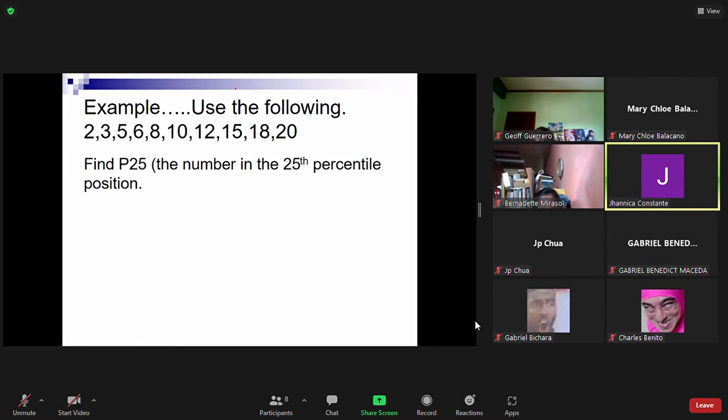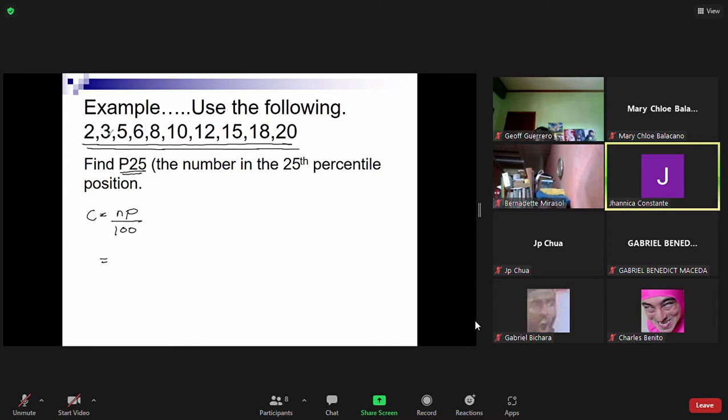Since we're solving for the 25th percentile, we need to identify what position in the set of data we are going to find this 25th percentile using the position locator formula, which is C equals N times P divided by 100.